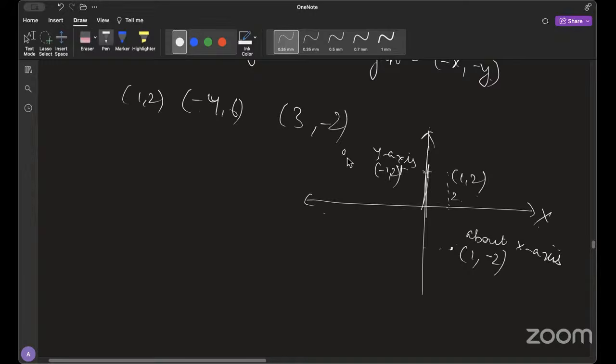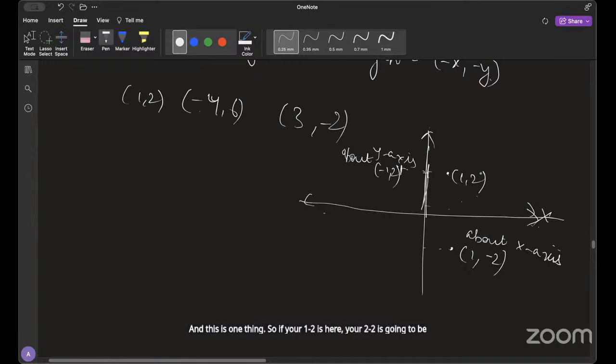Now the line y equals x. If I have to draw it accurately, it will be like this, because the point 2, 2 lies on that, right? And this is 1, 2. So if your 1, 2 is here, your 2, 2 is going to be here, somewhat here.